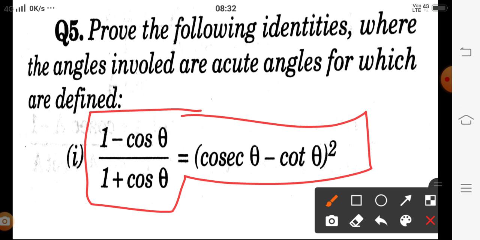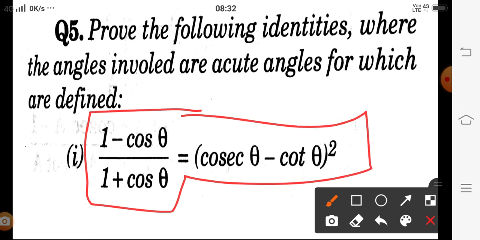Then what we know, in the left hand side, we are getting 1 minus cos theta upon 1 plus cos theta, and this one is the reduced form. And in the right hand side, we have cosec theta and cot theta, and as we have discussed earlier, cosec theta is written as 1 upon sine theta and cot theta is written as cos theta upon sine theta.